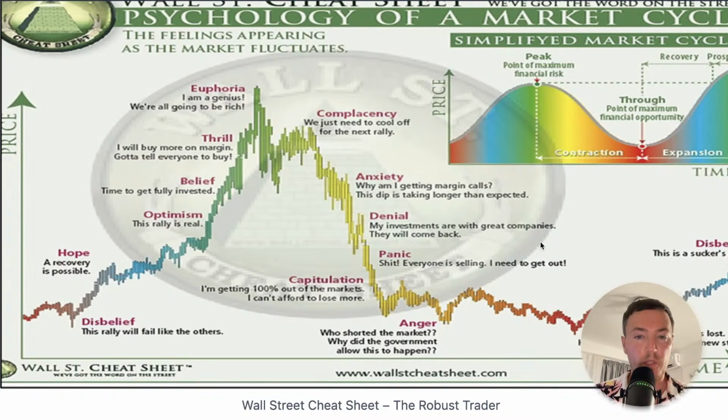But where do you believe we are, chat, on this chart? Do you believe we're in hope or optimism? Or do you believe that we're in the denial phase and we've got much further and much longer down to go? Interested to know what the chat thinks on this one. Emotionally, not trying to pinpoint where the market is right now. I just mean emotionally. I'm in the disbelief phase emotionally.